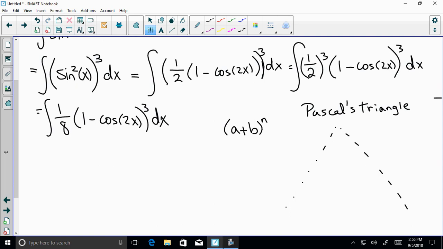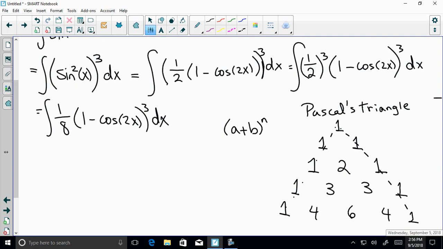You put a 1 at the top, then you put a 1 in this corner, 1 in this corner. All the way down, we're going to have 1s. Right. You remember this now? So you put a 1 here, you say 1 plus 1 is 2, then you put a 1 here. Then you put a 1 here, you say 1 plus 2 is 3, 2 plus 1 is 3, and then you put a what here? 1. What do you think the next row is going to be? 1, then what? 4, 6, 4, and then what? 1.